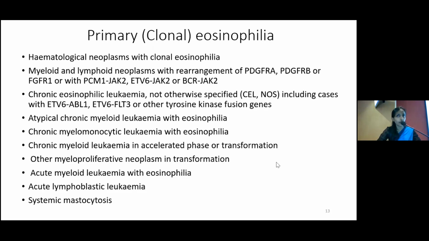So there are several subtypes of primary eosinophilia, as you can see here. Out of them, the common subtypes are myeloid and lymphoid neoplasms with rearrangement of several genes and chronic eosinophilic leukemia not otherwise specified. All the other entities are rare subtypes, and interestingly, systemic mastocytosis falls under this subcategory.